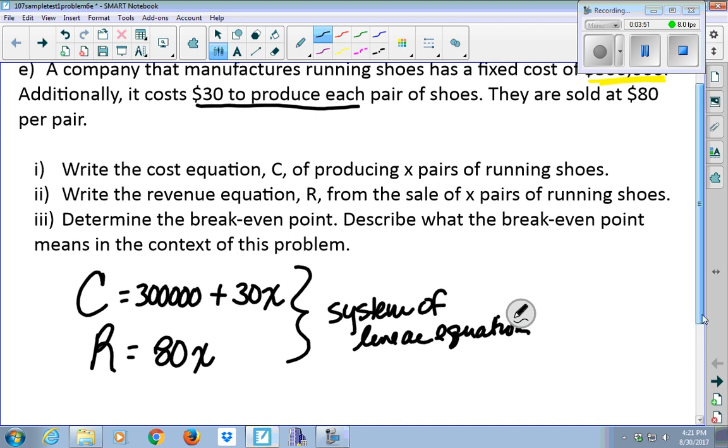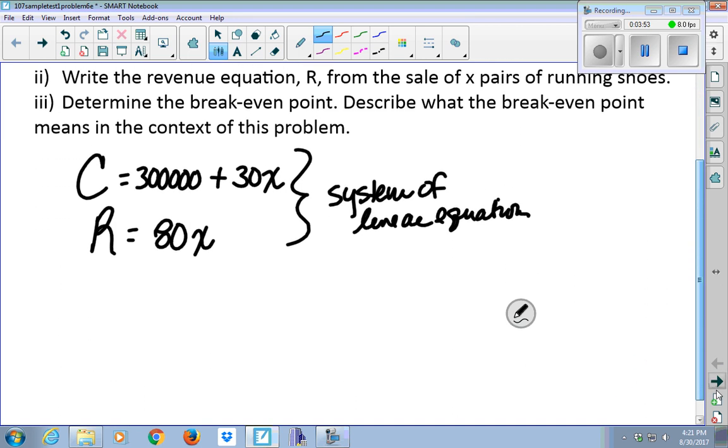All right, so how do we solve this? Well, we know that at the break-even point, the costs and revenue are going to be exactly the same. So you want to set up an equation, what equals what, and that's when the cost equals the revenue.